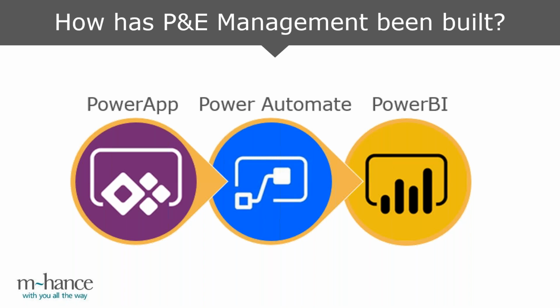So when you think about that, everything is within the Microsoft stack. All this, for those who are technical, is within the Power Platform. It's within a product set that Microsoft have provided to enable what we are doing. So we're not pulling in data using different things. This is all within the Microsoft stack, fully managed as a solution by m-hance, by Microsoft technology.